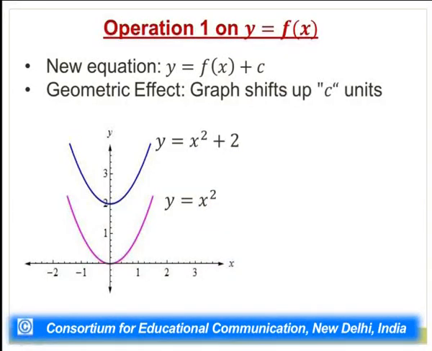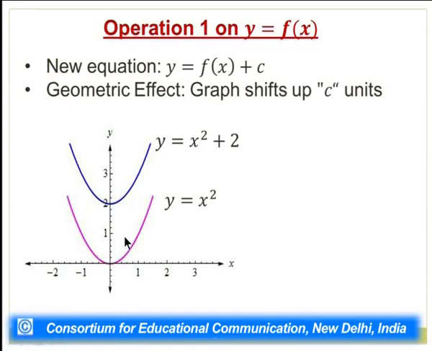And this in turn has the geometric effect of shifting the original graph up by c units. So this is nothing but a vertical upward shift, or you could think of it as the graph being translated c units upwards along the y-axis.